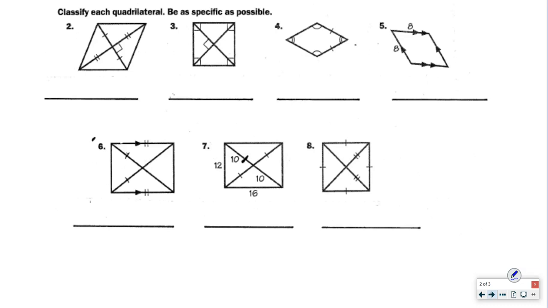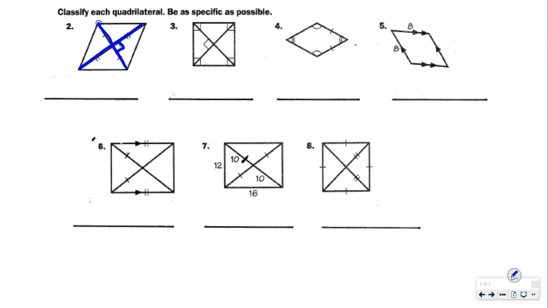Looking at number 2, we see that our diagonals, remember our diagonals go across, are perpendicular. They cross at a right angle. Looking at our family tree, where diagonals are perpendicular is under rhombuses. So we've already eliminated parallelogram and rectangle. Our only options are rhombus or square.